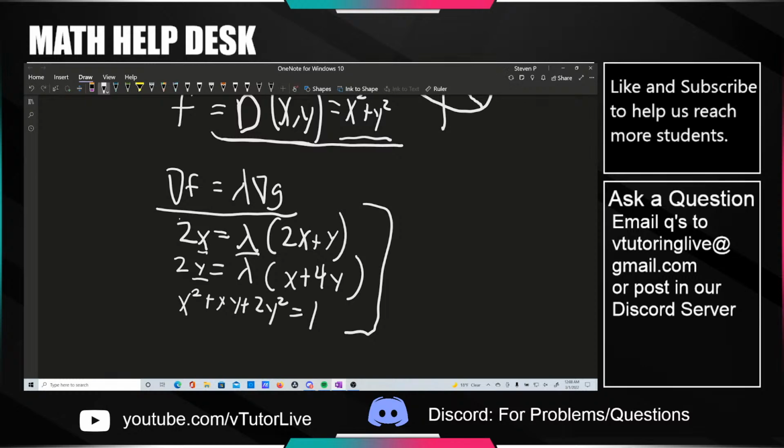I think just looking at it briefly, I would probably try to isolate... What would I even do? I think what I did was y is equal to x and lambda.